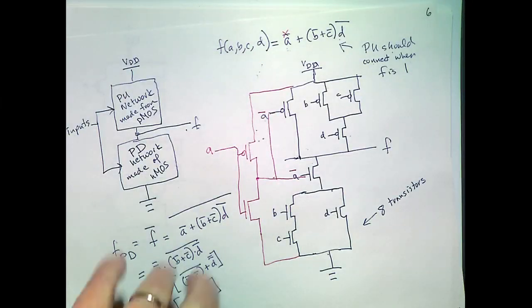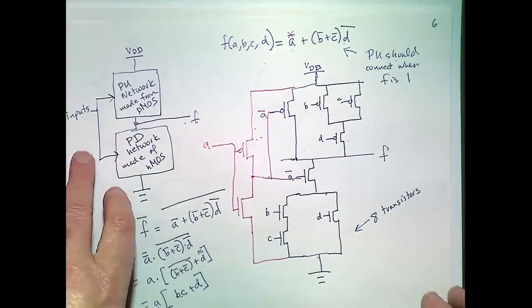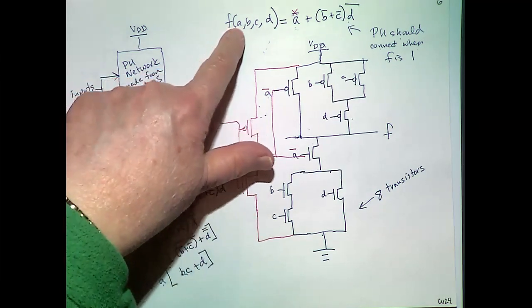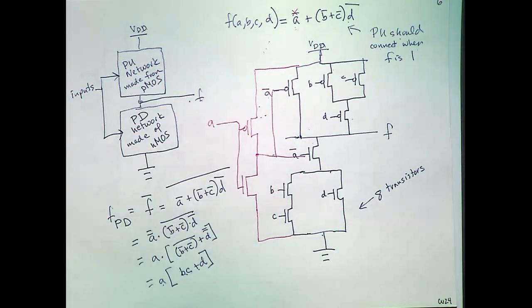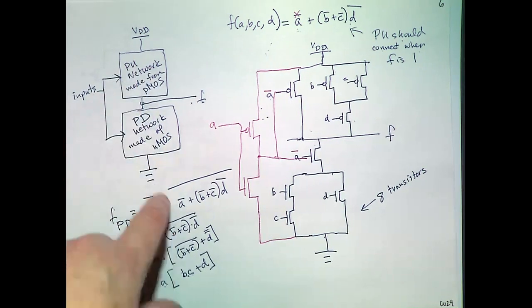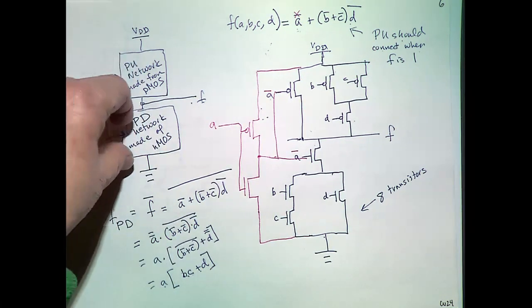And then we talked about, in general, how do we do this? Can we just build directly a CMOS gate that pulls up the output when we want F to be 1, and pulls down the output when we want F to be 0? Basically, we're building this type of gate. We have 2 sections.